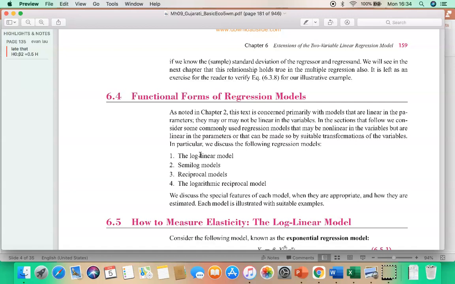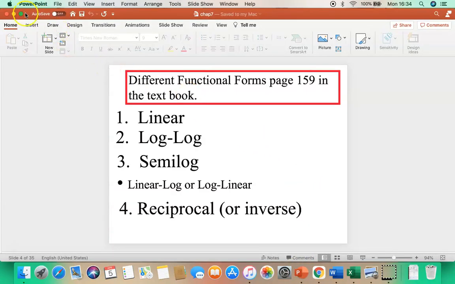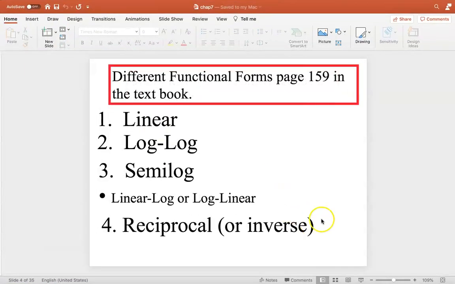You have log linear and linear log, which are two different models, and then we have the reciprocal model, and the logarithm model without the reciprocal. We will consider also another model, which is called the linear model. That's what we are going to do in this chapter.